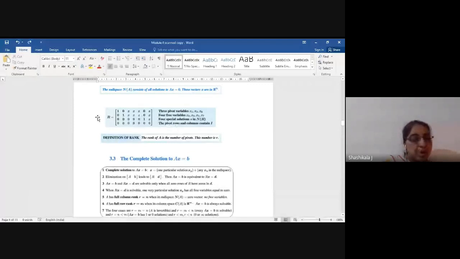How will you find the particular solution? You take the combination of the original matrix columns corresponding to 1, 2, and 6, and keep all the free variables 0.